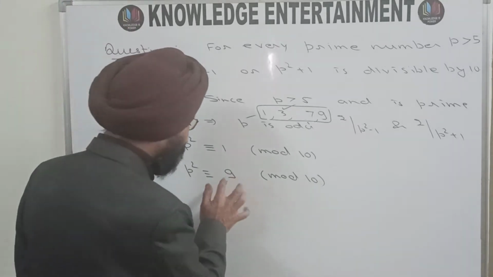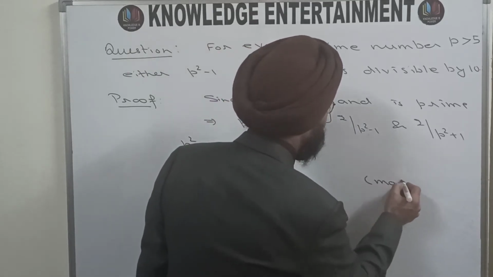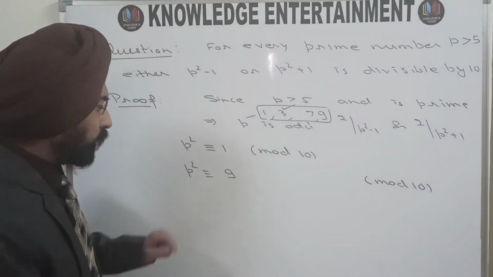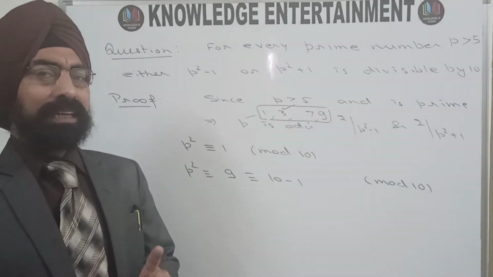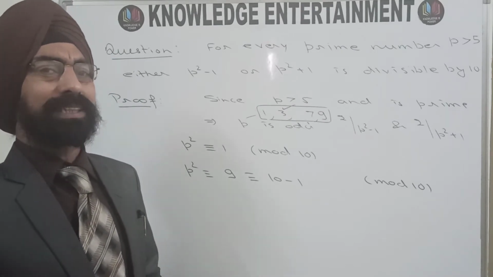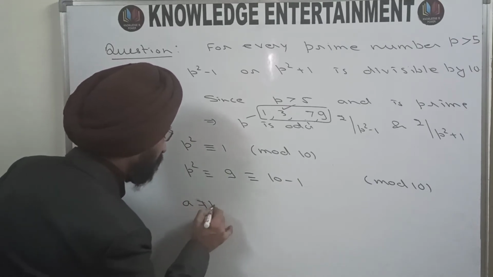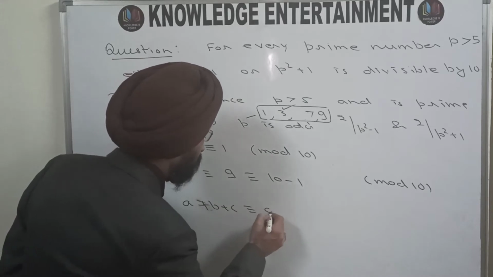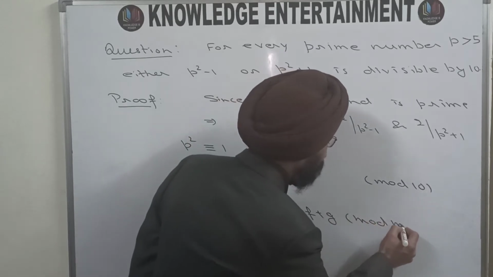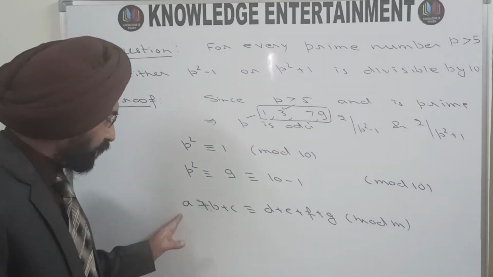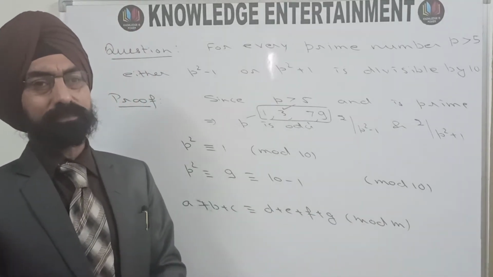Once again, this is p square congruent to 9 modulo 10. I am writing modulo 10 after some space because now I am going to write this 9 as 10 minus 1. And if you have a congruence equation, suppose A plus B plus C is congruent to D plus E plus F plus G modulo M, then if some of these numbers A, B, C, D, E, F or G are multiples of M, you can leave them.